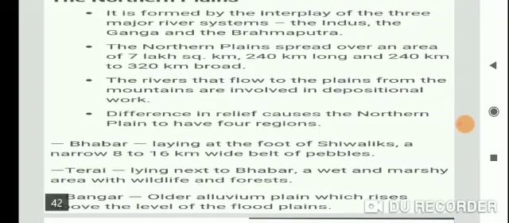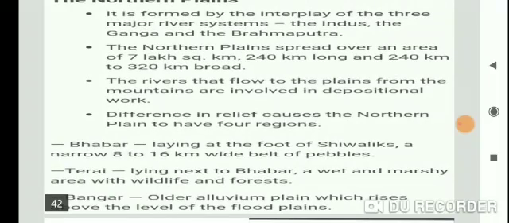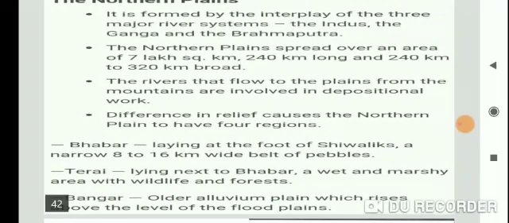Next, Terai is to the south of the Bhabar belt. The streams and rivers re-emerge and create a wet, swampy and marshy region known as Terai. Earlier it was thickly forested with a lot of wildlife, but now most of the forests have been cleared for agricultural land and to settle migrants from Pakistan after independence.